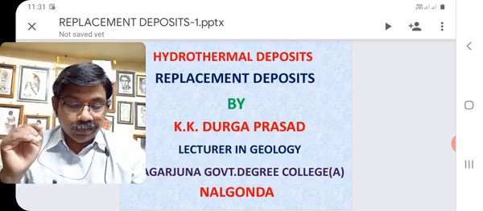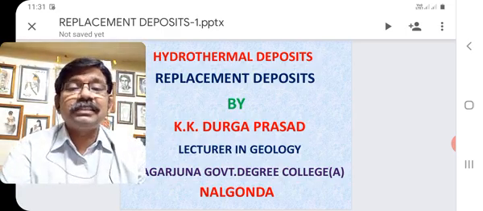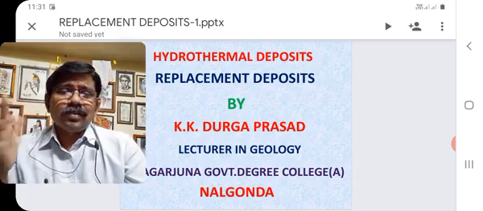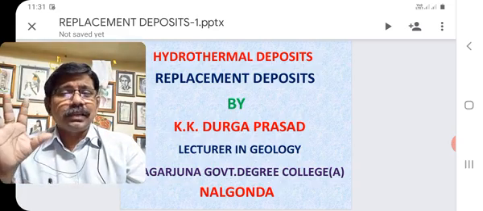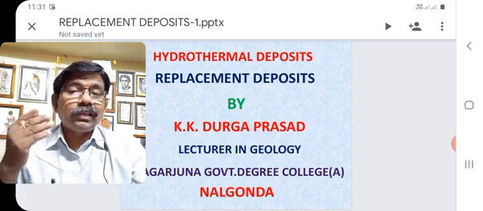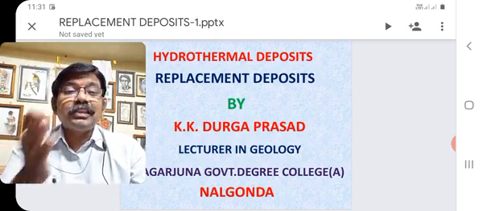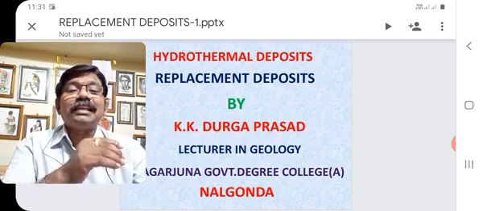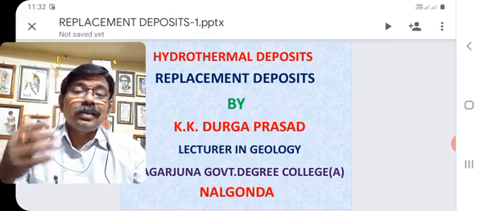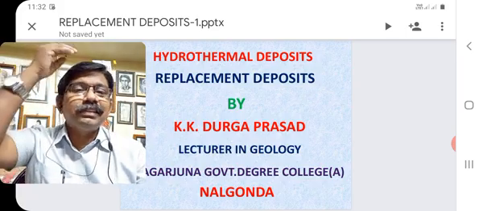First, this is important. And the hydrothermal process we cannot discuss in a single class. The total topic we can't take in one class. Hydrothermal depositional process is classified by Bateman and modified by Jensen.